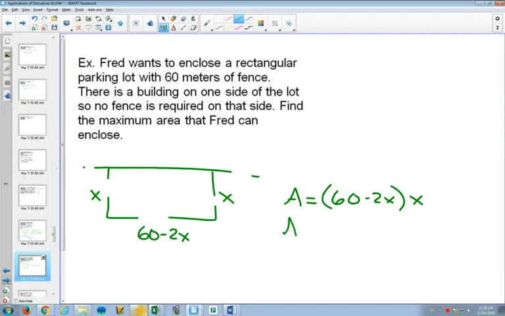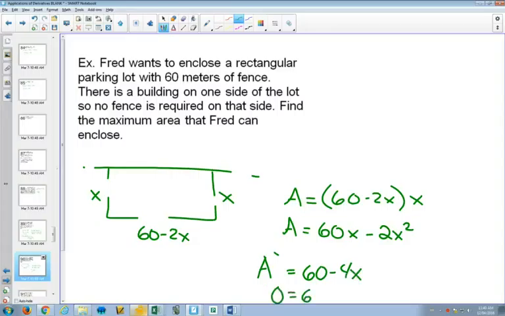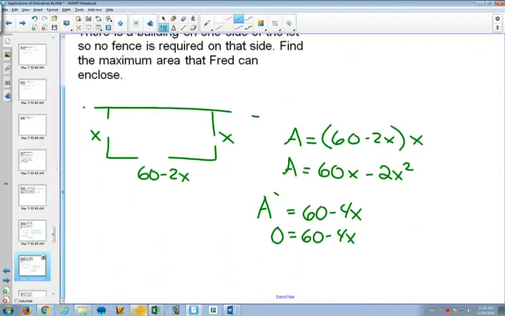If we multiply that out, we get 60x minus 2x squared. Again, that makes a parabola. If we want to find the maximum area, now we can just find our derivative, set it equal to 0, and solve for x to get x is 15.